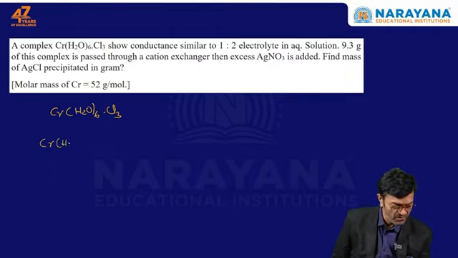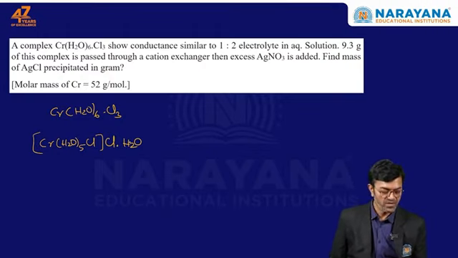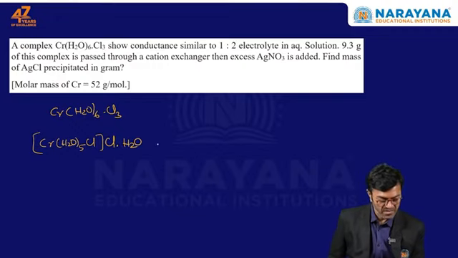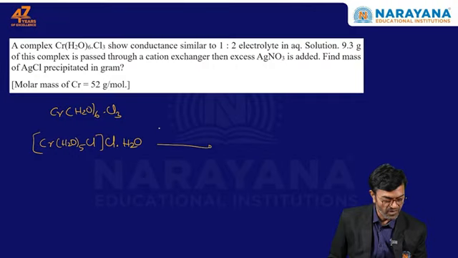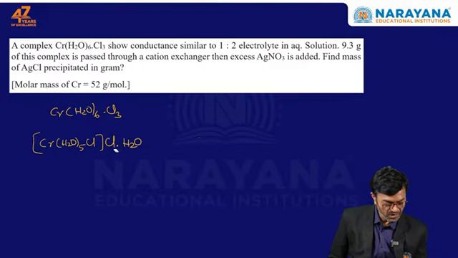So, to adjust that, we should keep 5 aqua ligands inside the coordination sphere, 1 chloride inside, and 2 chlorides outside, and then it will be the hydrated form, monohydrate. This is the formula of the complex. Now, what is being asked: when it passes through a cation exchanger and then is treated with excess AgNO3, as it has 2 chlorides outside, 1:2 means 2 anions must be outside.